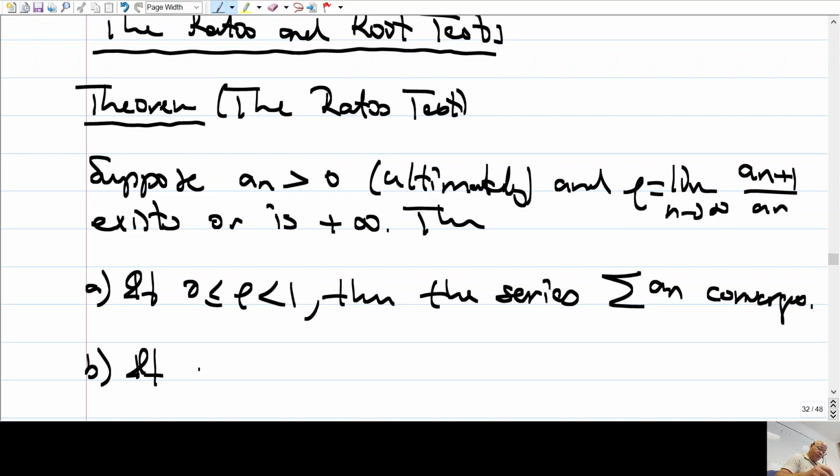The second part is this. If this rho is greater than 1, or if it is infinite, then the series diverges.